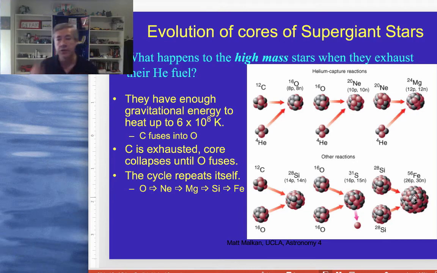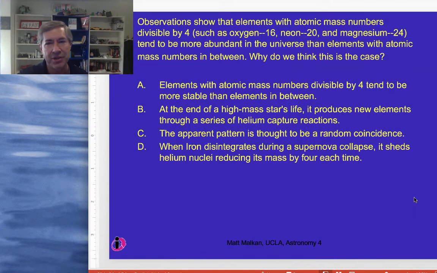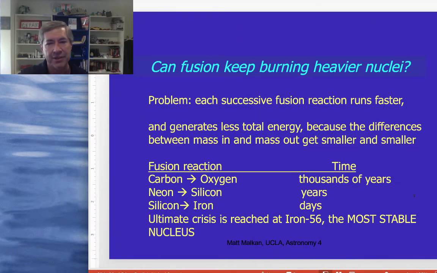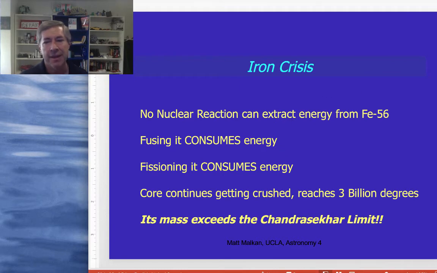Iron-56 is the one atomic nucleus that cannot be a nuclear energy source. Why not? There's something special, as I told you, about iron-56. It's the most stable nucleus in the universe.